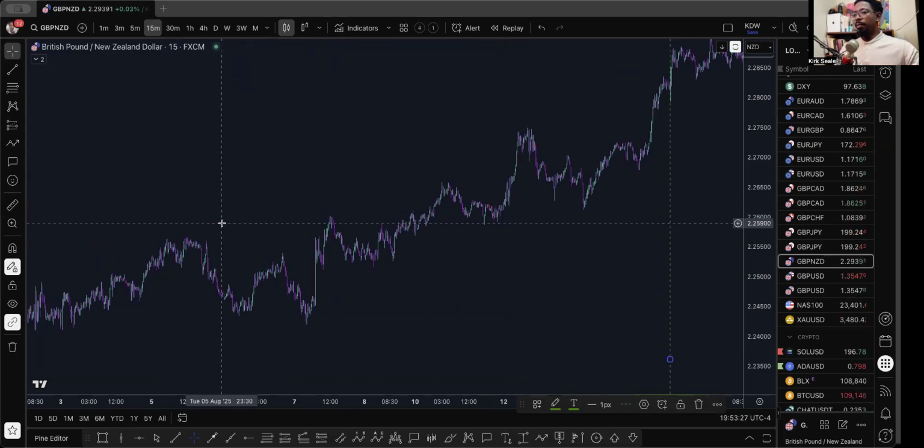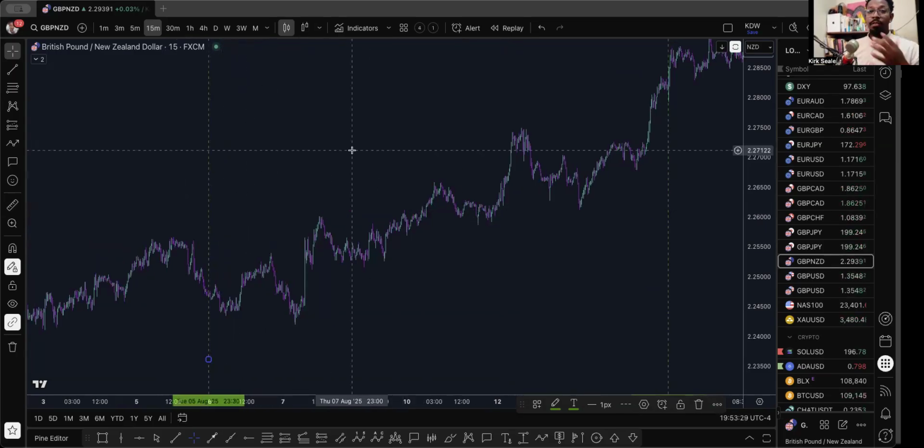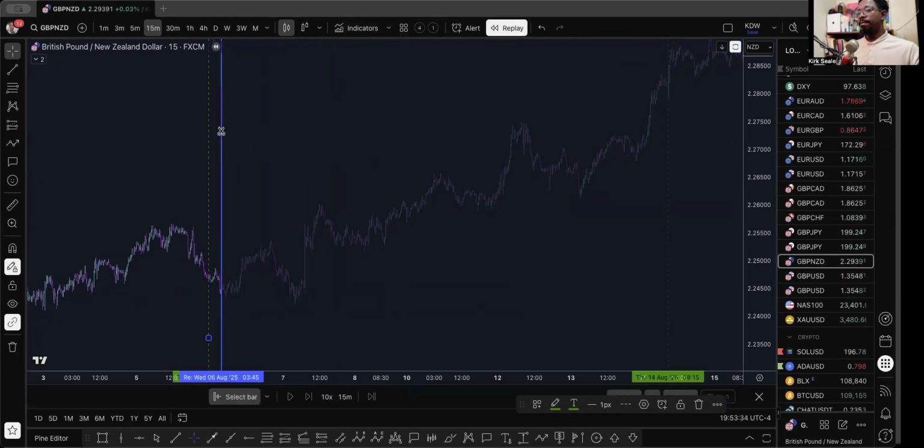When we mark up imbalance, price could always not respect our markup. So let's see what we have.